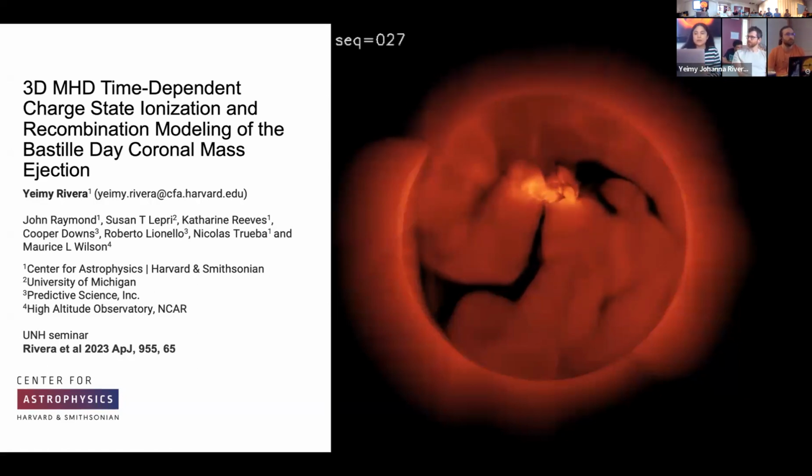So those are particle observations of heavy ions. And so this I put right in the title slide. This is a synthetic intensity movie of the EUV synthetic intensity just coming from the MHD model, which is really cool, but I'm not going to talk about it, so I thought I would just put it right on the slide.